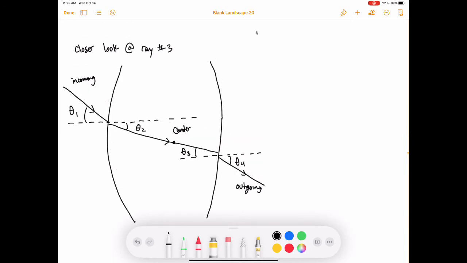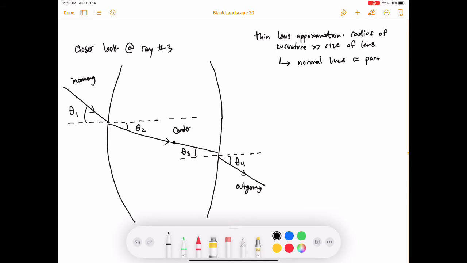Okay, so remember, we're using what's called the thin lens approximation here, which means the radius of curvature of the lens surfaces is much bigger than the size of the lens itself. And so what that implies in our diagram is that the two normal lines that we drew are basically parallel to one another.